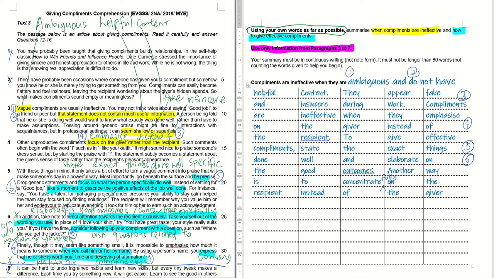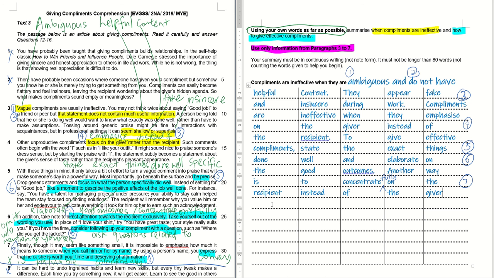Next, what other point should I write? That is point 7. Go to that. So next it would be considering following up your compliments with a question.